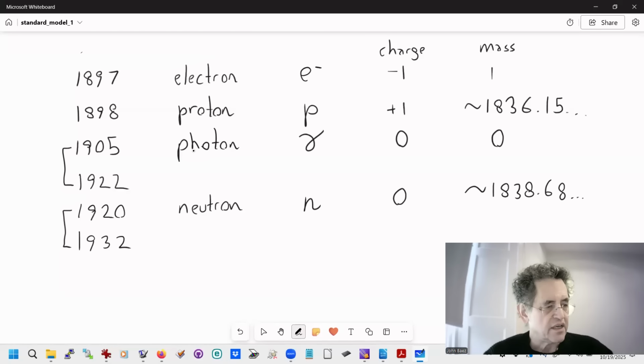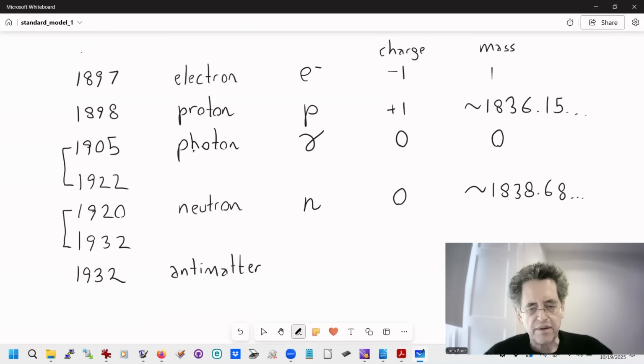Now, in 1932, another big discovery occurred, which was the discovery of antimatter. Dirac's theory of the electron actually predicted that there should be an anti-electron, a particle with the same mass as the electron, but the opposite charge.